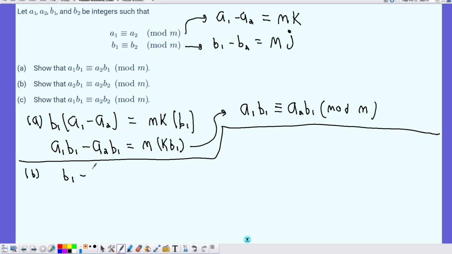B1 minus B2 is equal to M times J. And let's multiply both sides of the equation by A2.